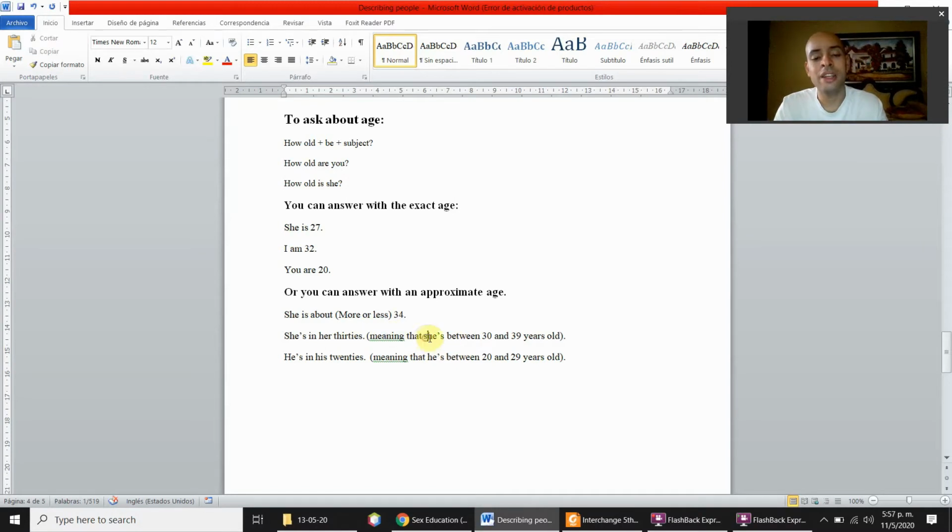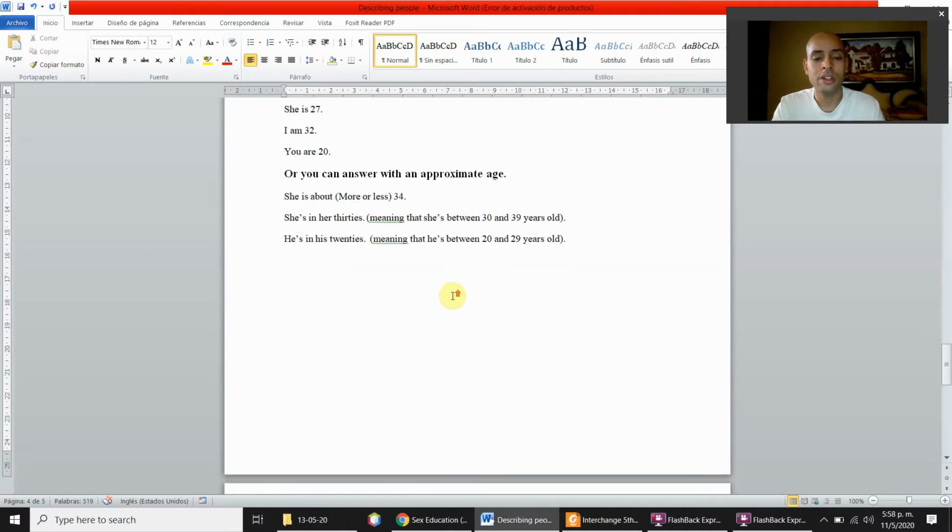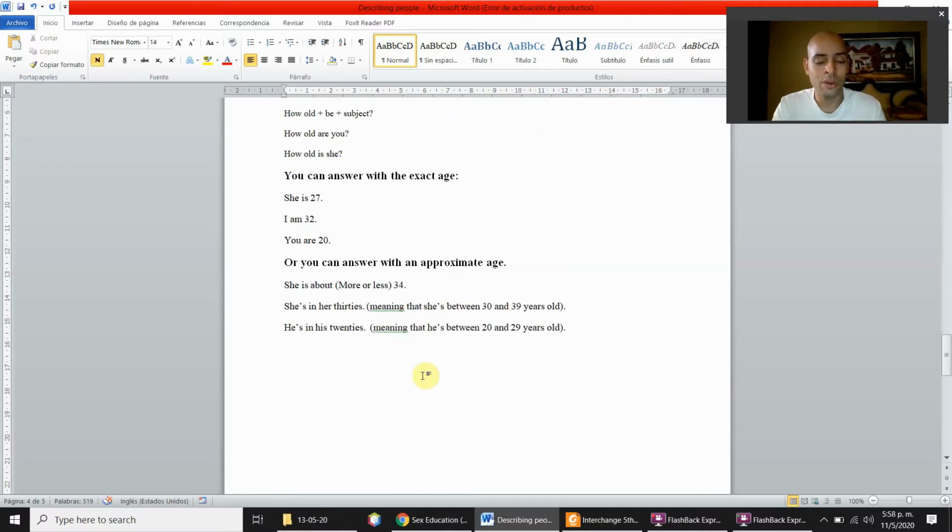That means that she is between 30 and 39 years old. He is in his 20s. That means that he is between 20 and 29 years old. So that's how you talk about age.